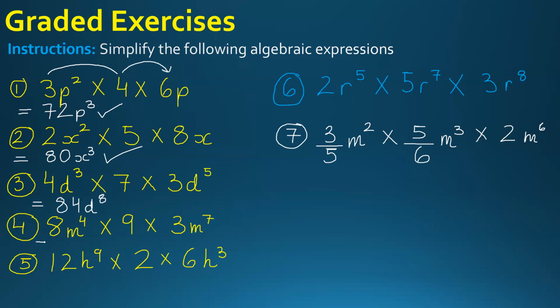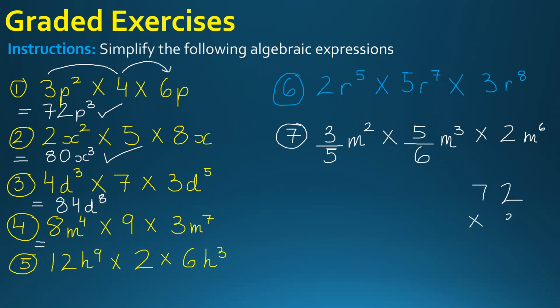8 times 9. What's 8 times 9? 72. Very good. 72 times 3, what is that? 146. You sure? 72 times 3. Let's multiply. 72 times 3.